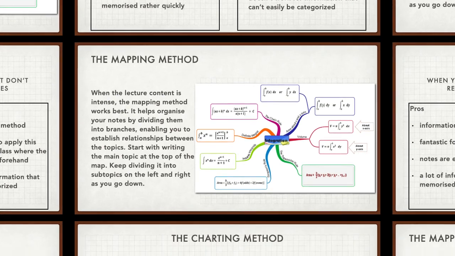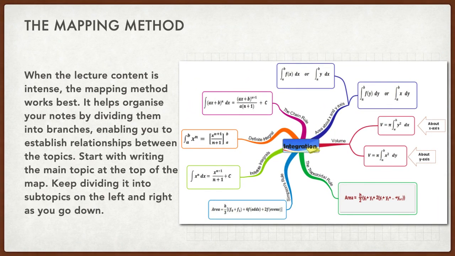Moving on to a very essential method that will help you out in various aspects of your life is the mapping method. I've given you an example of integration here because I thought, since all of you are science students, it will help you. At the center, the core idea of the mind map is integration.